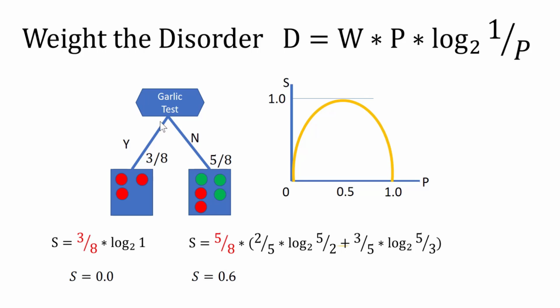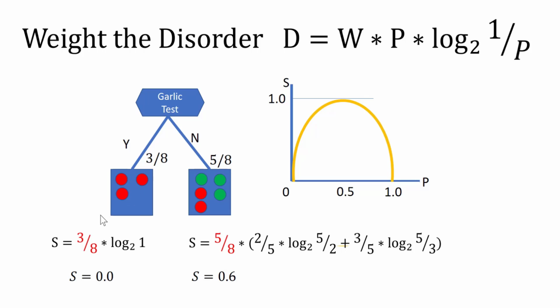So let's take a look at this case here. With the garlic test, we have 3 out of 8 of the test results where there's yes for garlic, which means no vampire. And for no garlic, we have no vampire twice, but we get 3 vampires. So let's take a look at the amount of disorder here in this box.